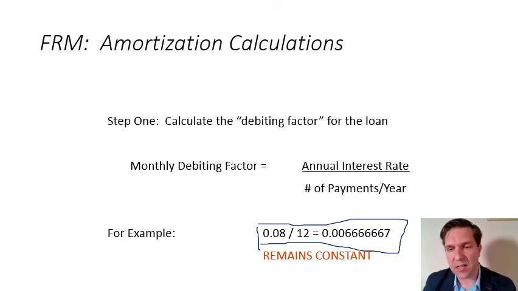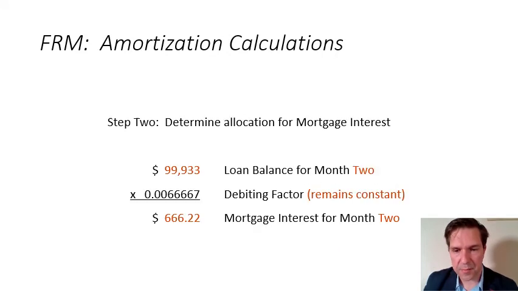So you only need to compute it once. Have it once in the Excel spreadsheet and then point at it with a dollar sign to make sure that cell becomes constant in your formula, okay? So your debt-in factor, remember, is the effective monthly interest rate, or R, in your formula. And now you're going to look at whatever was left over from the loan in the previous month, which in this case, because we are in month 2, will be $99,933.